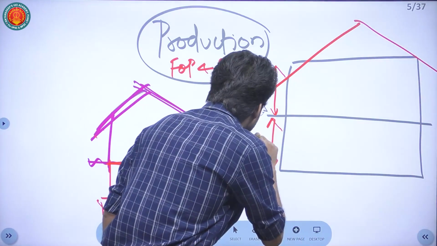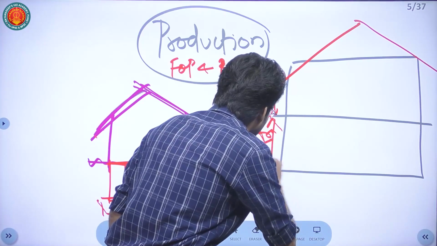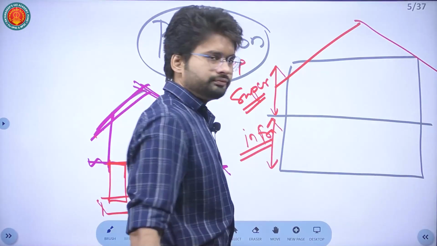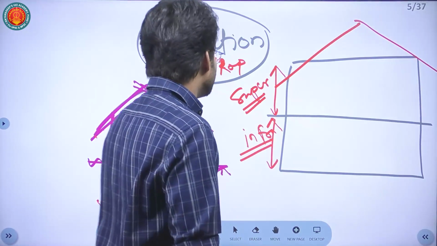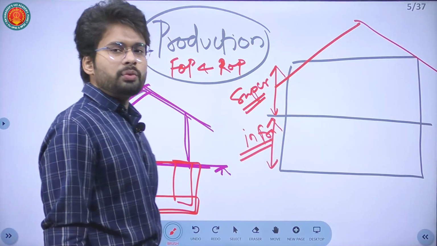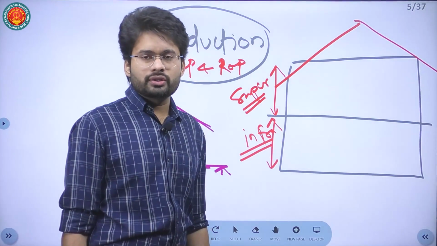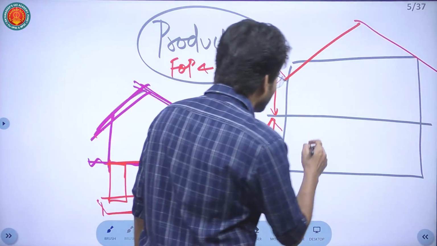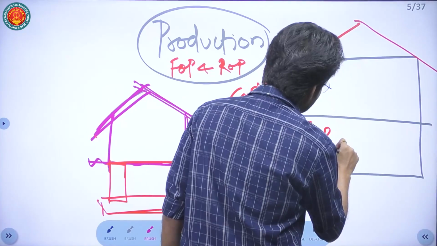This is infrastructure and this is superstructure according to Karl Marx. First we'll discuss infrastructure. According to Karl Marx, the factors of production and relationships of production are at the core of the infrastructure, or they are part of the infrastructure.